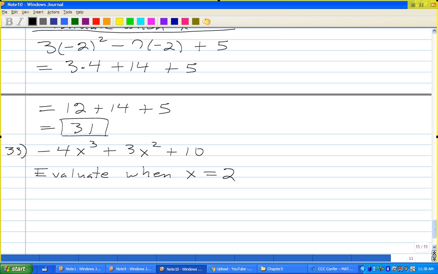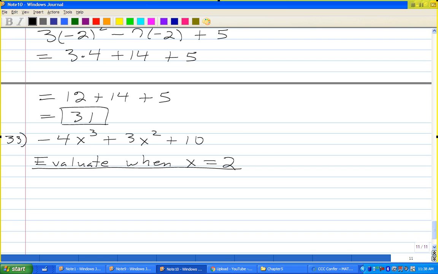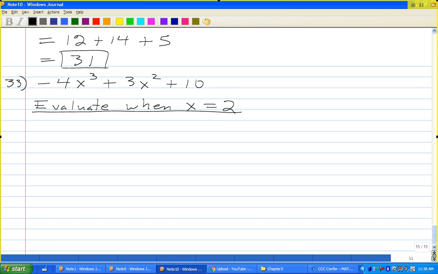Negative 4x cubed plus 3x squared plus 10.